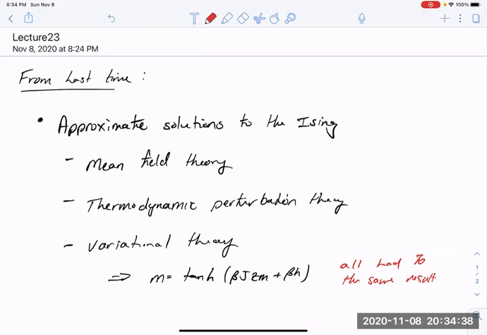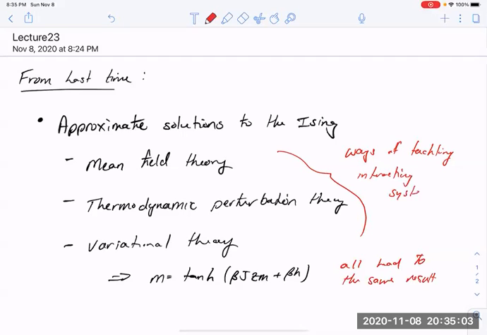Now, it should be said that these different means of tackling interacting systems have their place.